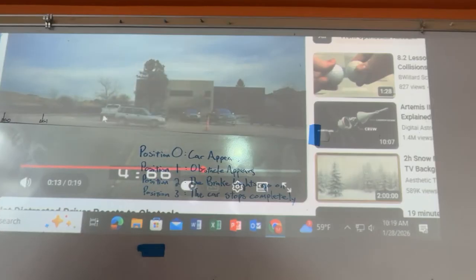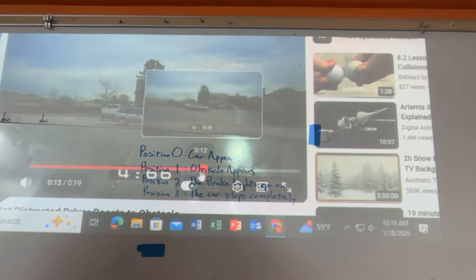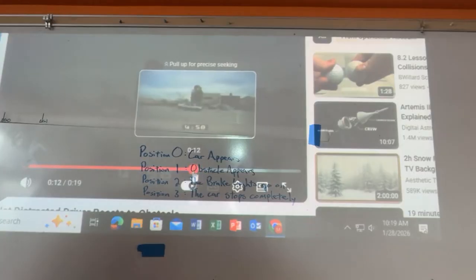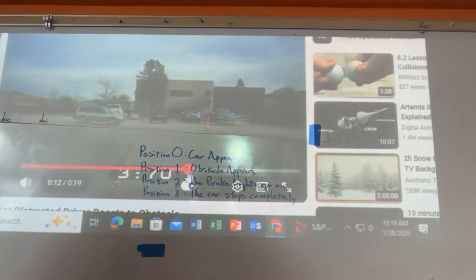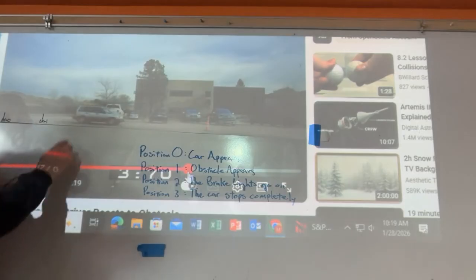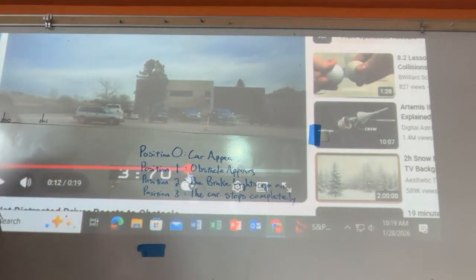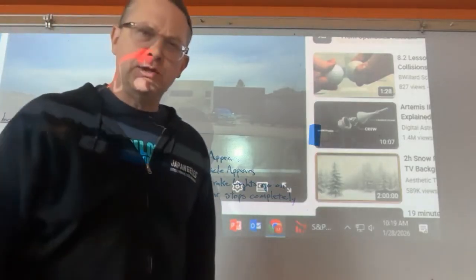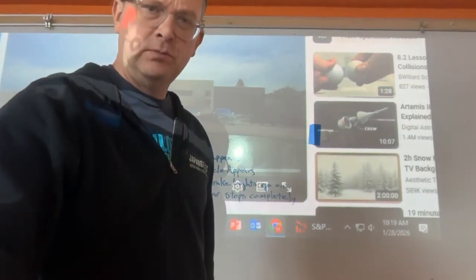Let's back it up around this white truck, see if I can catch the exact moment. Do I see brake lights in this frame? It's very hard to see. Let me adjust the light in the room a little.